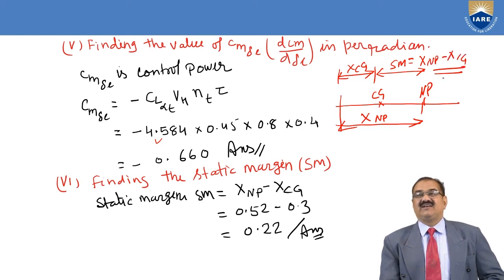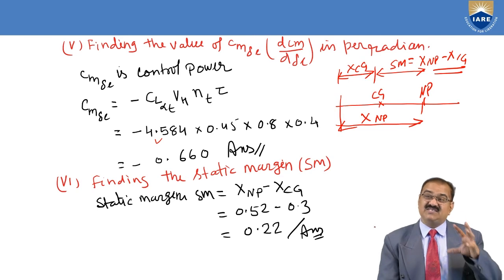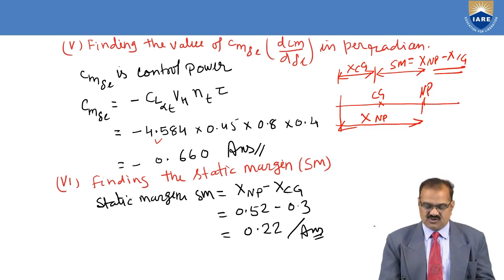Static margin is a very important parameter to understand whether the aircraft is stable or not. So here, static margin is XNP minus XCG.